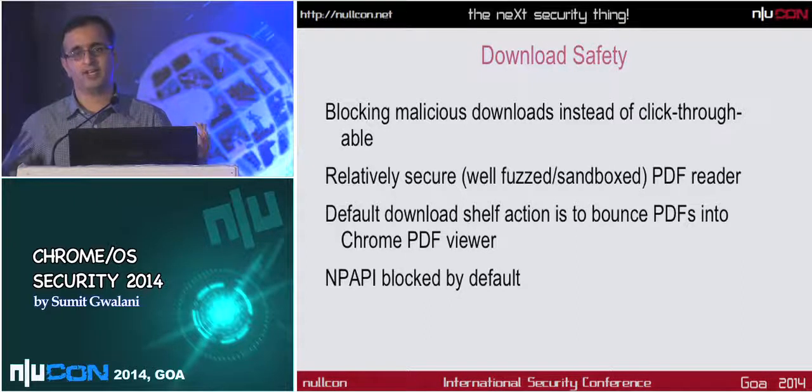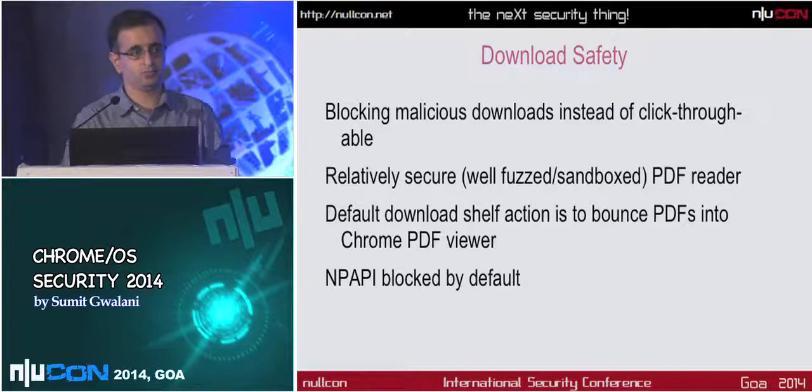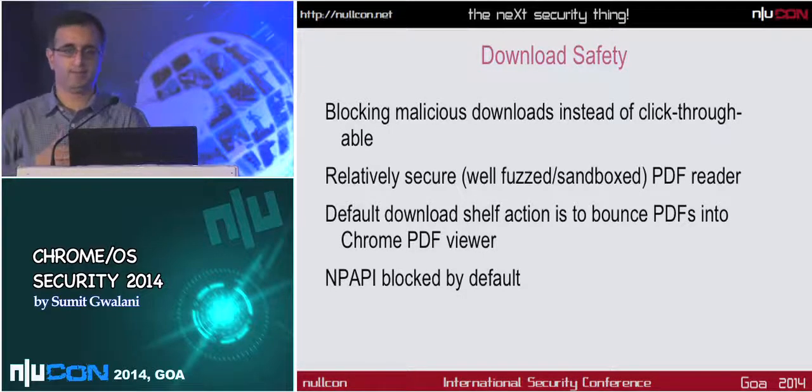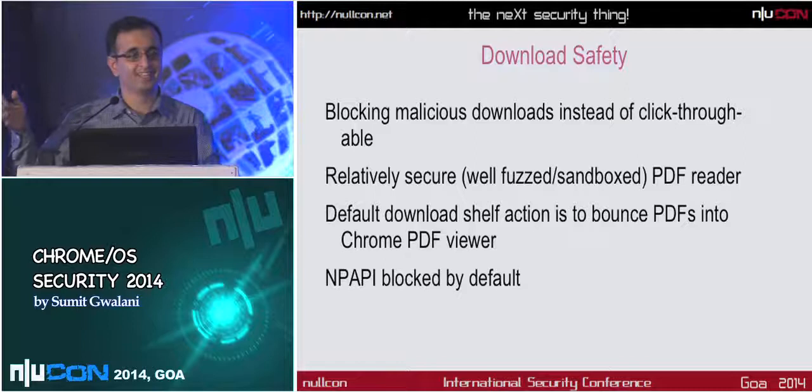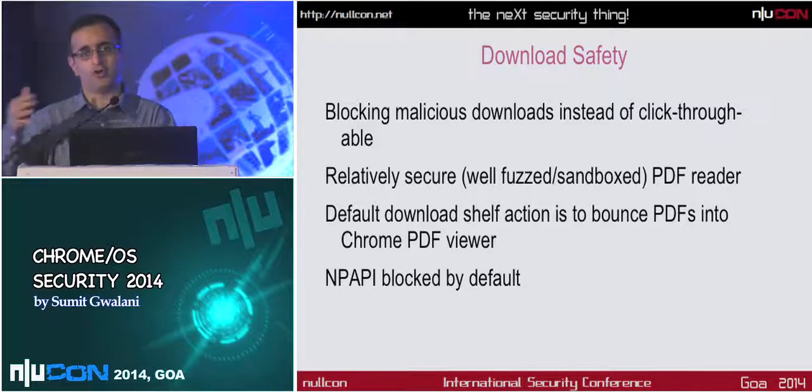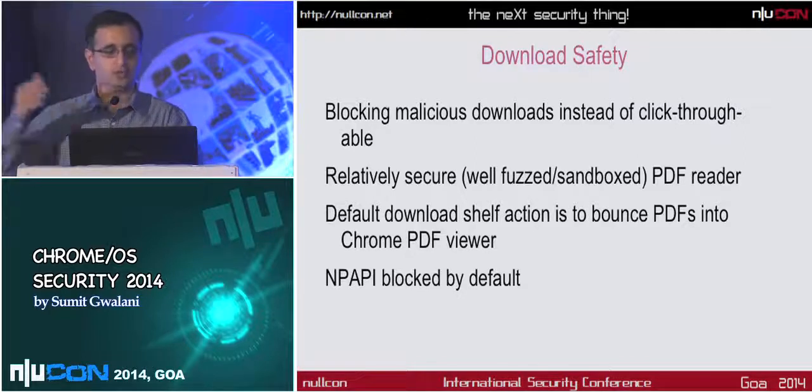Over the research that we have done over the last few years, we are now so confident about our ability to be sure and not have any false positives that we don't even give the option anymore to the user. We are confident that this is a malicious download, so we don't make it click-throughable. We can actually block. So from an end user perspective, this is going back to a principle of, don't get in the way. If you have your certain level of confidence, go ahead and block it.